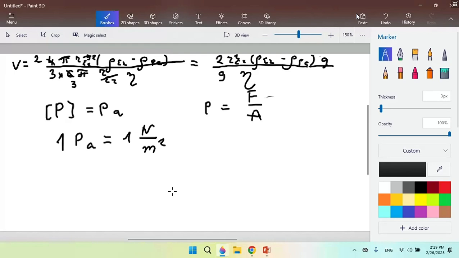So what makes the weight of the object decrease if it is submerged in a fluid? What is the reason? Is anybody who can tell? Archimedes force is the reason.